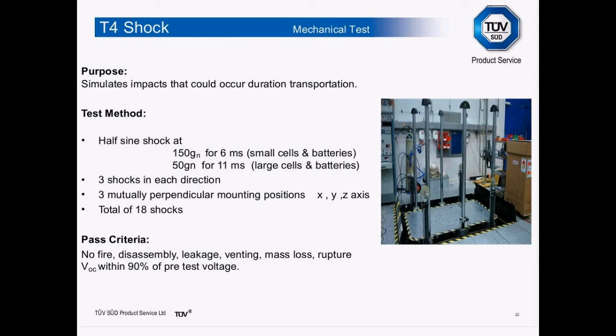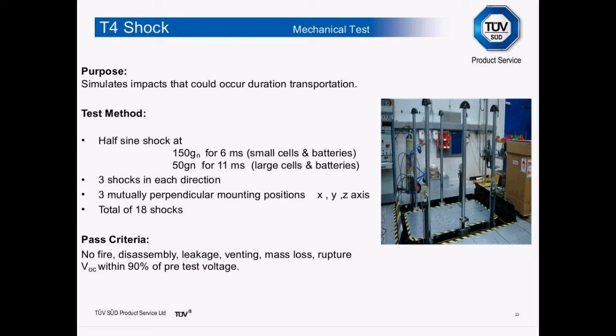That is decreased in terms of g force to 50, but the duration is increased to 11 milliseconds for larger cells and batteries. Basically, 3 shocks are applied in each direction and for 3 mutually perpendicular mounting positions to cover the X, Y, Z axes. So basically, a total of 18 shocks are performed on each cell or battery.